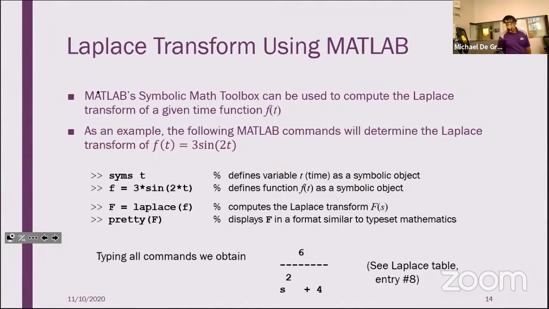Then we say f is equal to 3 times sine of 2 times t, which defines our function 3 times sine of 2t as our symbolic object. Then we say capital F is the laplace of lowercase f. So laplace, all lowercase, that's the command. And then we're going to use pretty, because pretty is going to make it look nice.